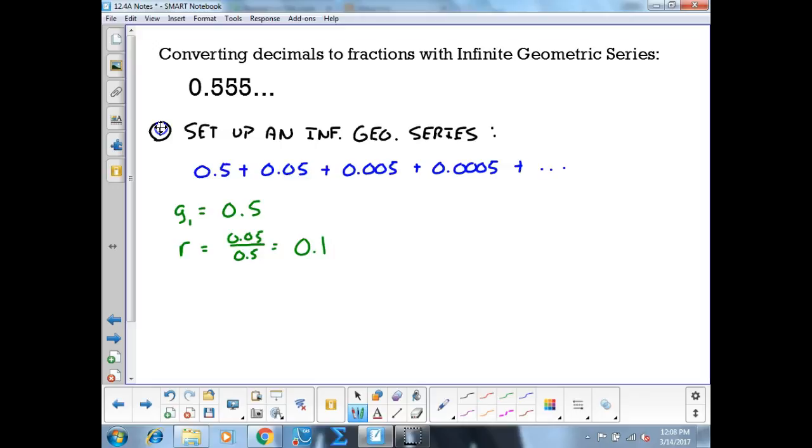Okay. So, when I'm setting up an infinite geometric series, what form or notation am I going to set it up in? Matt? G sub n equals 1 times r to the n. But what's n? David? It's infinity, right? So if I'm asking you to set up an infinite series, what kind of notation do I want?